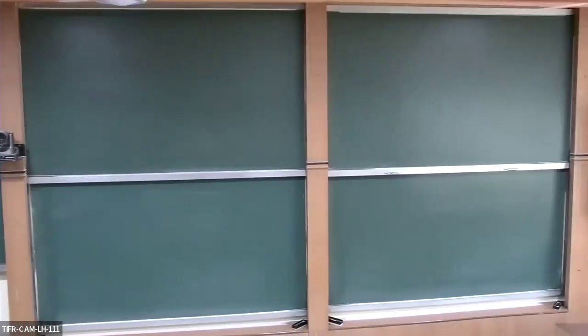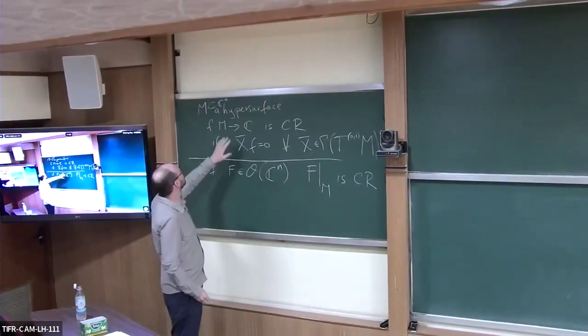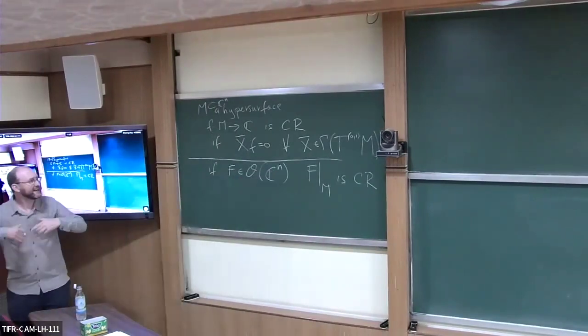So this is definitely true: if I have a holomorphic function, again just in some neighborhood of M, then I have a CR function.